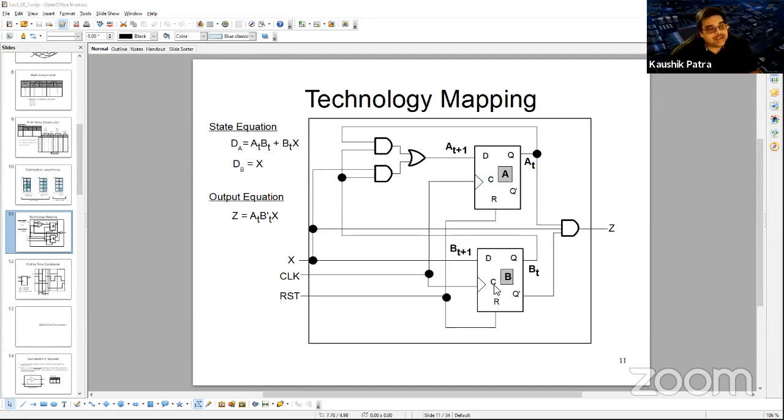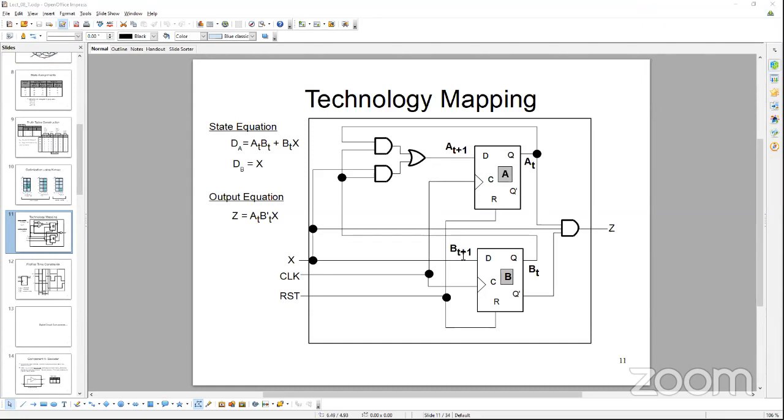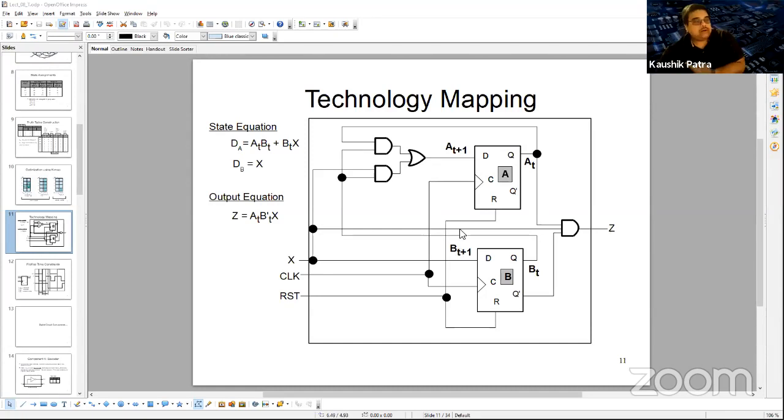So on the next cycle, these 2 bits, A(t+1) and B(t+1), denote what is going to be my next state. But that next state will be registered only in the next clock cycle.